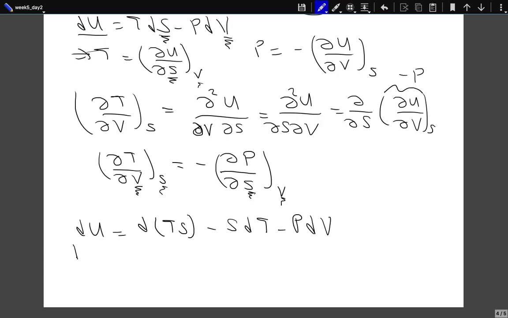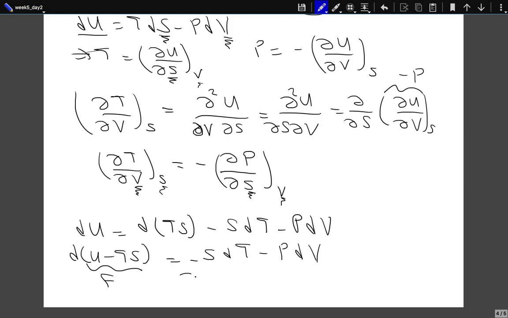So d(U minus TS) is minus S dT minus P dV. So this is what we call the free energy, U minus TS. But this will tell me, if you just follow all the same treatment, you see S is the derivative of the free energy with respect to temperature.